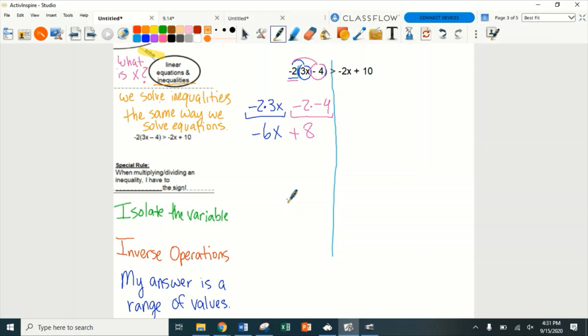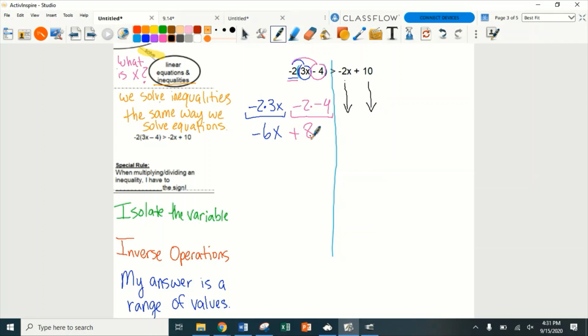So now I'm going to jump over to the right side of my inequality and simplify it. Do I see any parentheses on the right side of my inequality? Do I see any like terms? I don't see any parentheses or like terms, so I know that the right side is already simplified, and I can just bring both of those terms straight down.